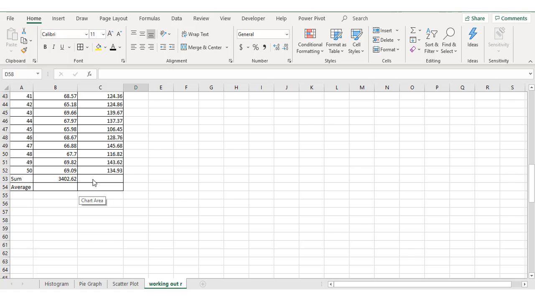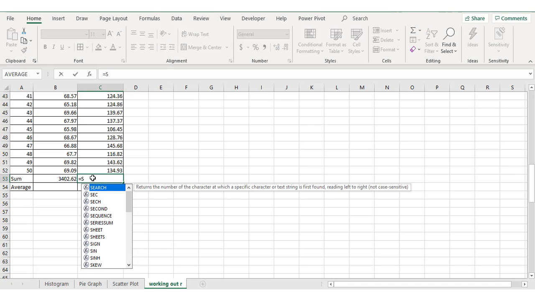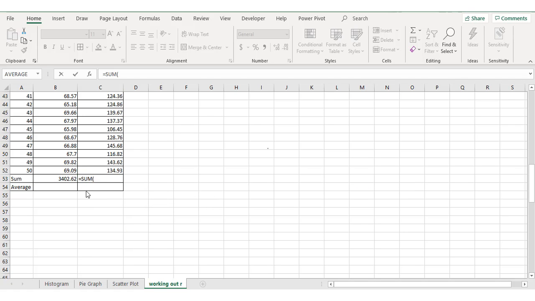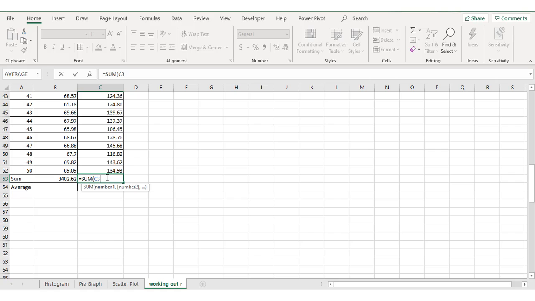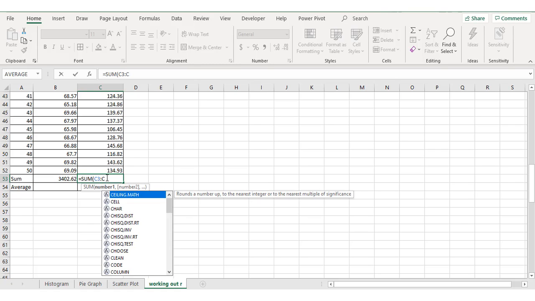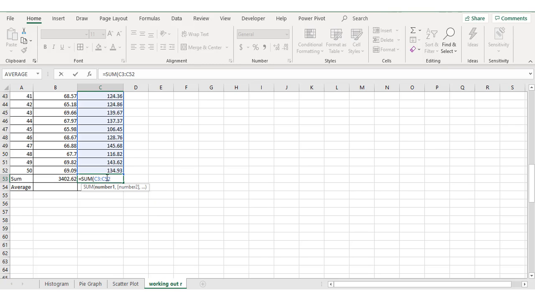For the sum of all weight, we put the equal sign and then the sum. SUM is here. It will be from C3 to C52. Then enter.